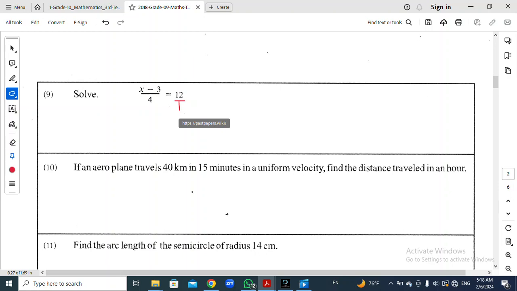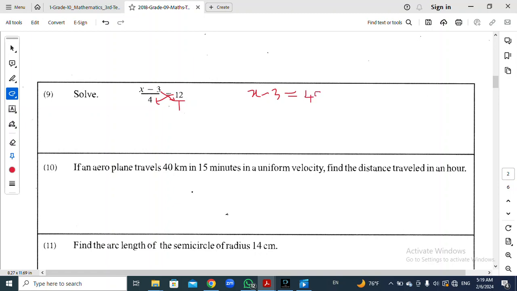So x minus 3 is multiplied by 1. When we are multiplying x minus 3 by 1, we receive the same amount, x minus 3. So x minus 3 is equal to 12 into 4. 12 into 4 is equal to 48.